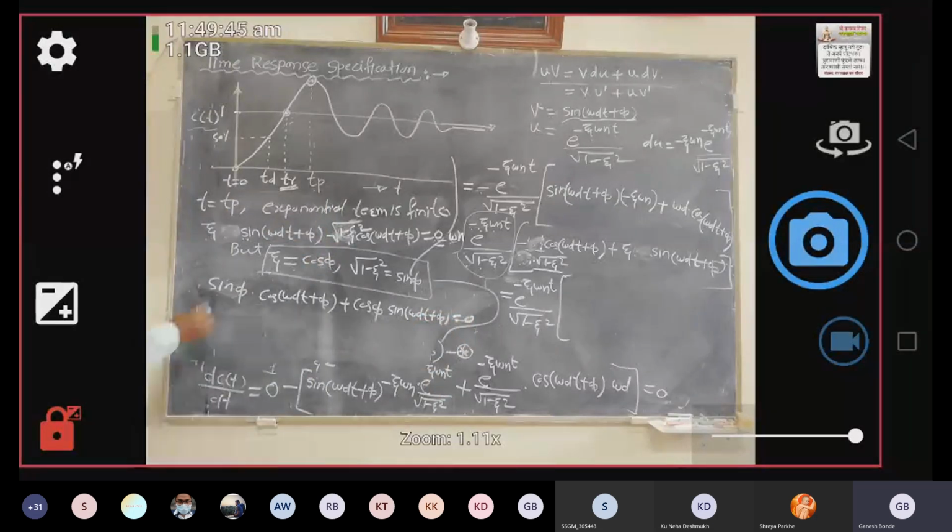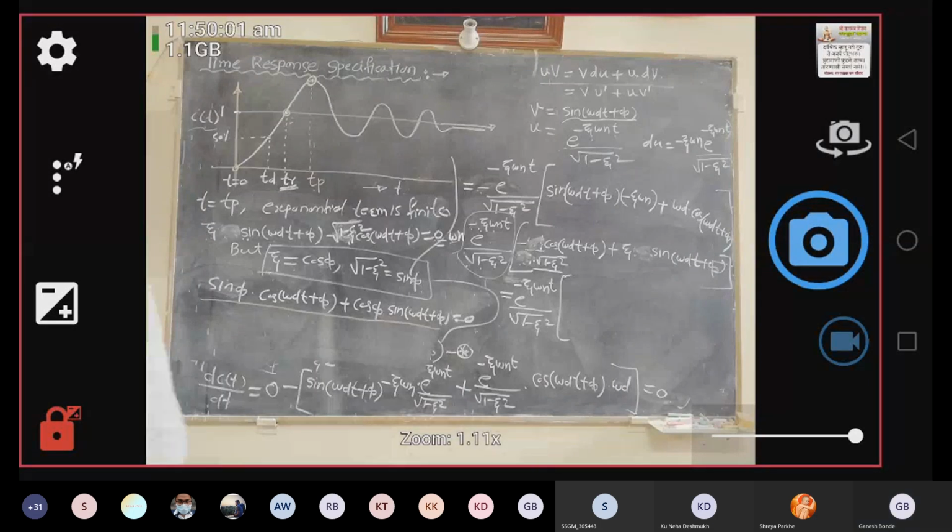So now what is your observation from this? What formula is applicable here? Sin A cos B plus cos A sin B. So it is the formula of what?